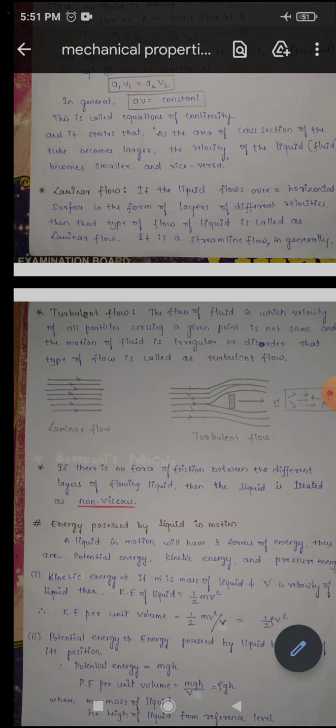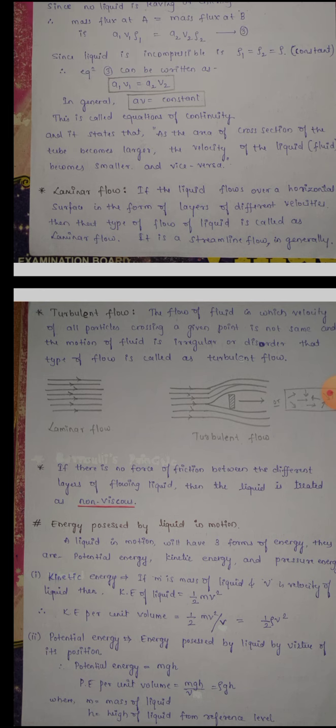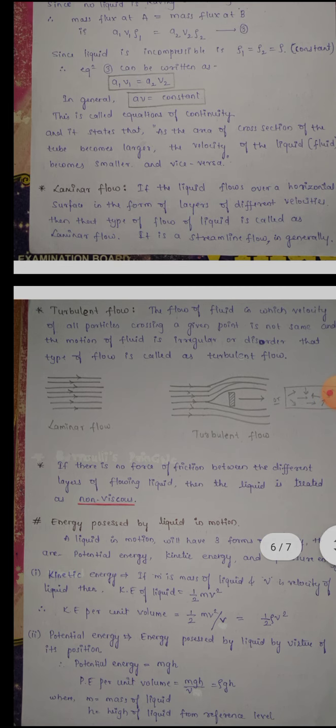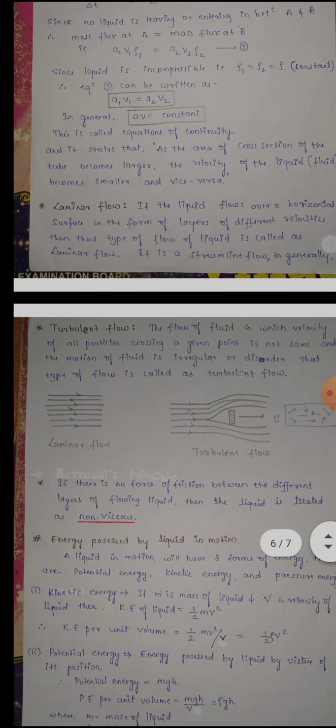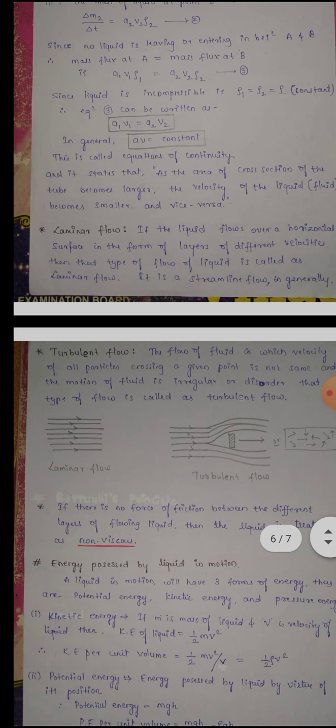They are not interacting with the neighbouring layers of the liquid. So that type of flow is known as laminar flow, and this is a kind of streamline flow. In general, the laminar flow is a streamline flow.